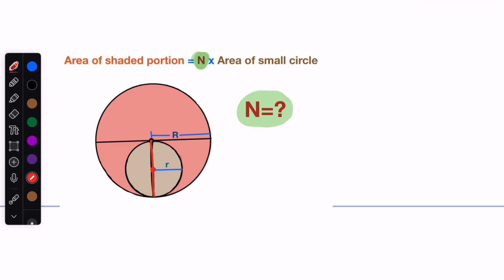So this small circle will have radius r, this will also be radius r, and this r plus r will make the radius of the bigger circle. So small r plus small r, this capital R will become 2r.